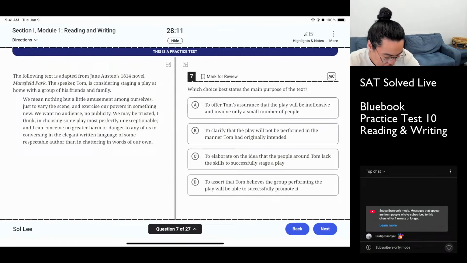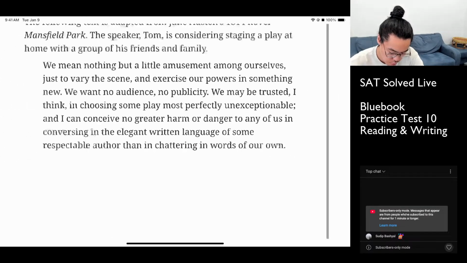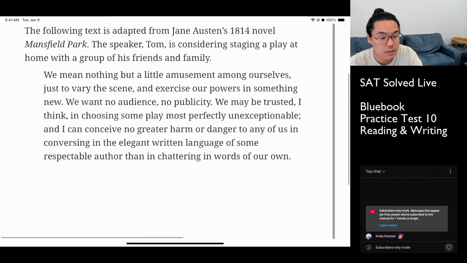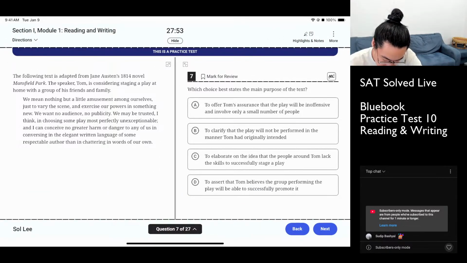Okay. Main purpose of the text is basically, my prediction is the speaker is trying to de-emphasize how exceptional or harmful or dangerous his aims are. Hey, he's downplaying his aims.